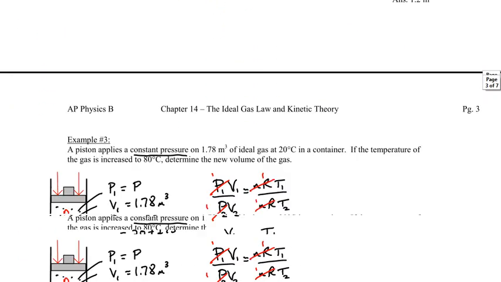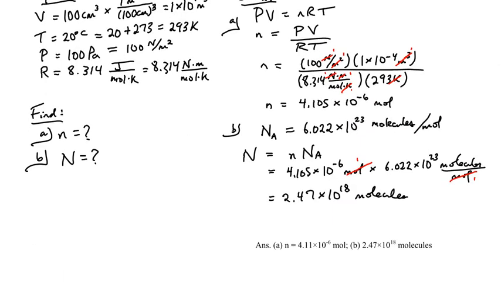So let's go over here to our problem that we were solving, and we're going to just write it over here. PV equals N k_B times T. That's the Boltzmann constant. So the number of molecules would be equal to the pressure times the volume divided by the Boltzmann constant times the temperature. So the pressure was 100 pascals.